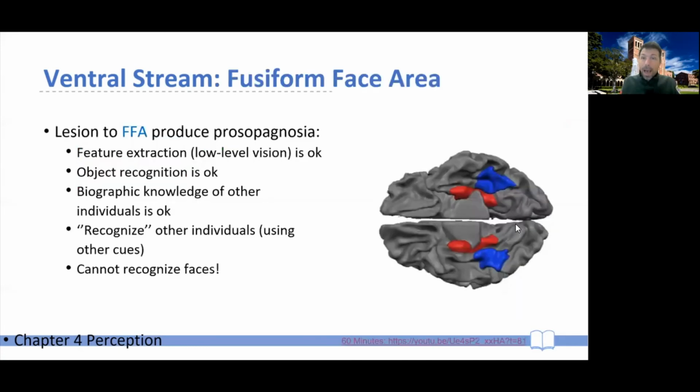Patients who have damage to this particular part of the brain develop what is known as prosopagnosia, also known as face blindness. Now, this is a condition much like visual agnosia, except it's special for faces. Again, just like in visual agnosia, low-level vision in individuals who have this condition is perfectly fine.